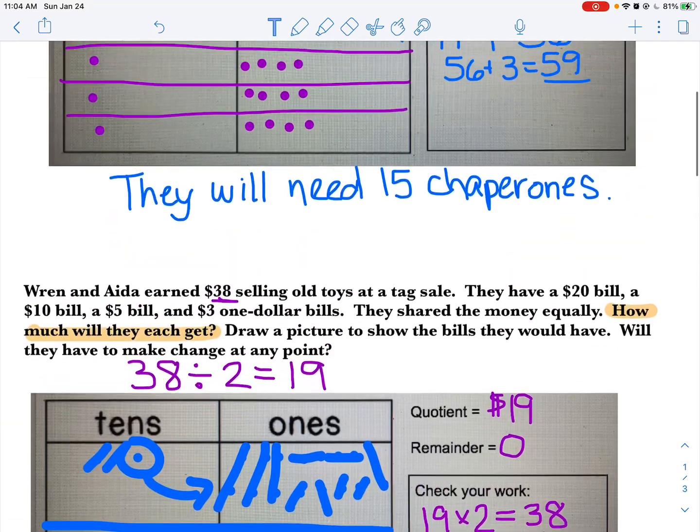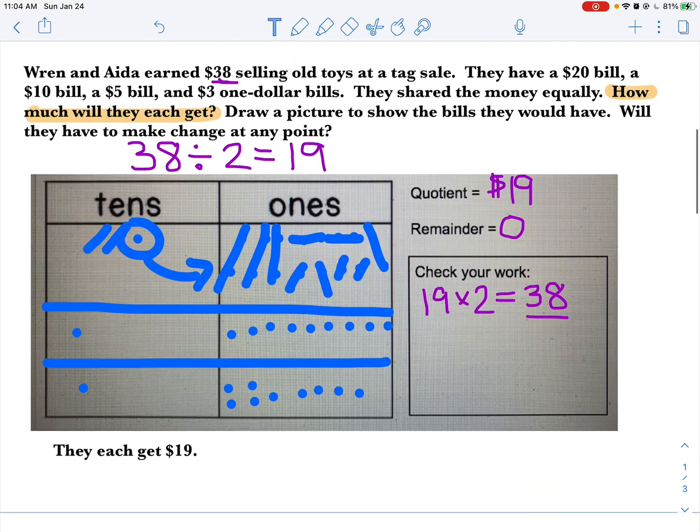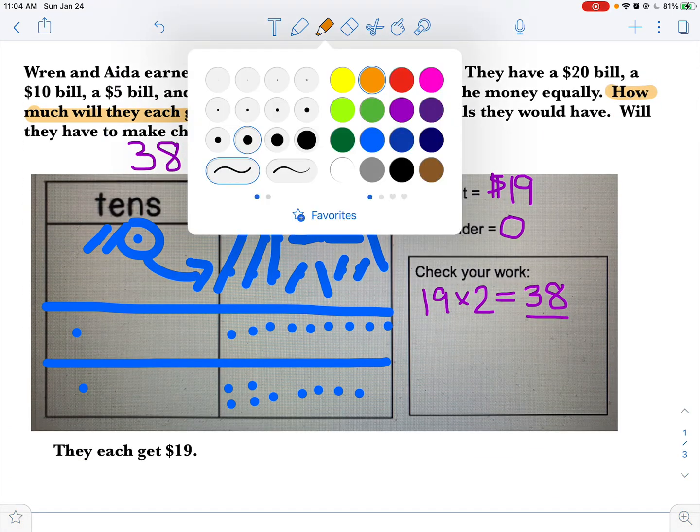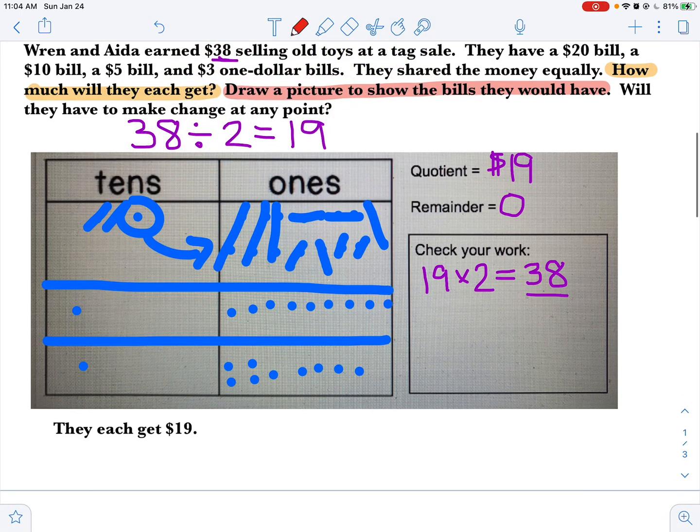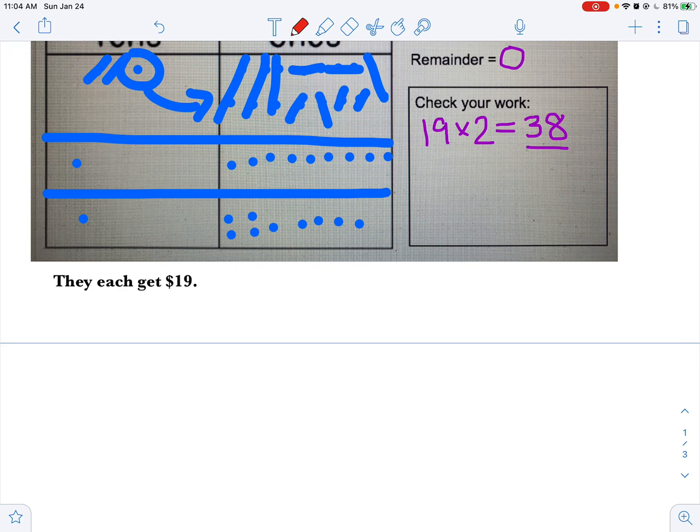Now let's go back to the question, because there's more than just that. Then they say, draw a picture to show the bills they would have. Okay, so now I've got to show what bills would make that $19. I'm thinking they would each get a 10. That takes care of the $10. And then for 19, I don't want to draw 9 1s.